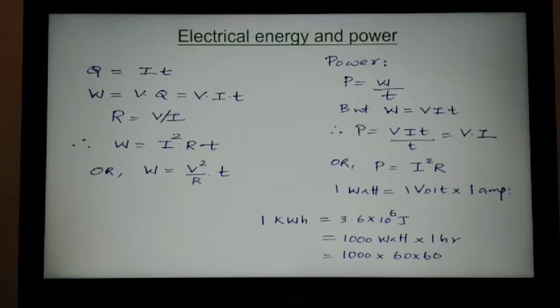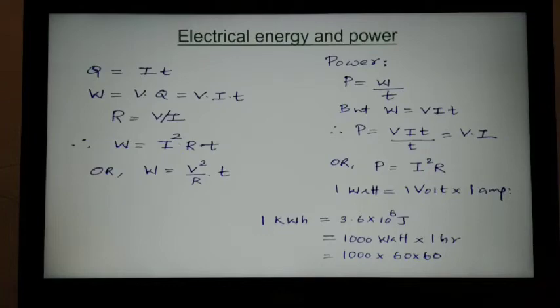But we know that energy generated per unit time is the power. So power P is equal to W by t. Energy generated or work done per unit time is power. But W is equal to V into I into t.